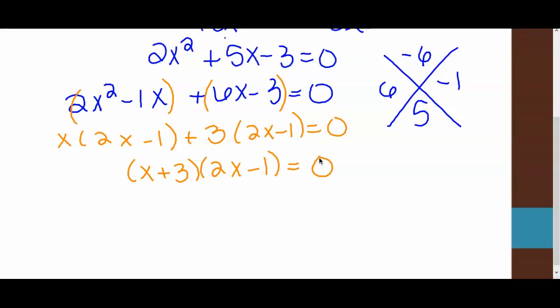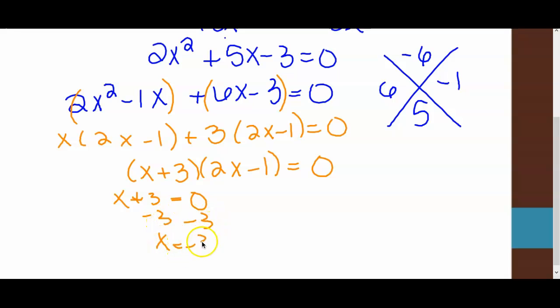Setting each factor equal to 0, you have x plus 3 equal to 0. Subtract 3 from both sides.